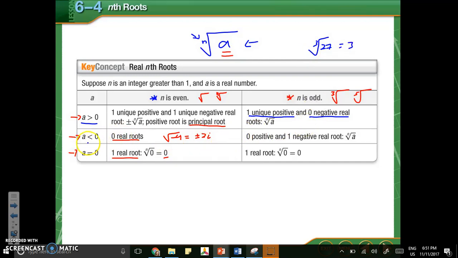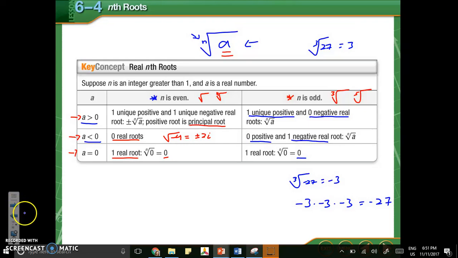If a is negative, there's no positive roots and there's one negative root. That's like we just looked at, the cube root of negative 27 is negative 3. Why? Because negative 3 times negative 3 times negative 3 is negative 27. That's the only possibility. And again, if what's under the cube root or fifth root is 0, then 0 is the only root.